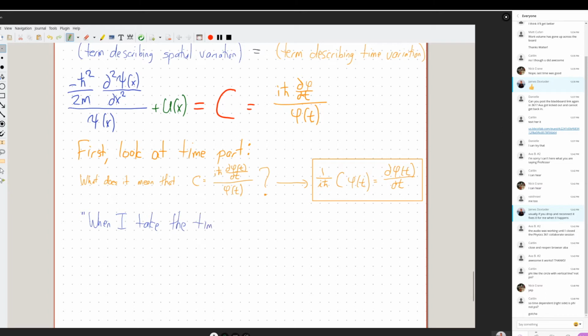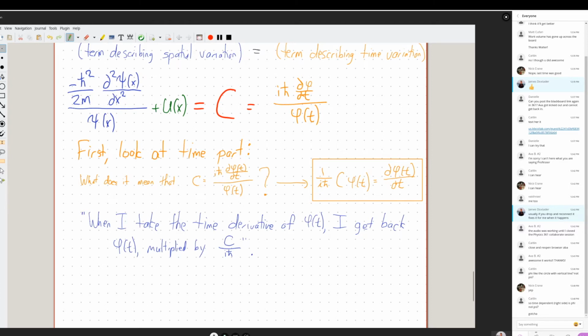When I take the time derivative of phi of t, I get back phi of t multiplied by c over i h bar.